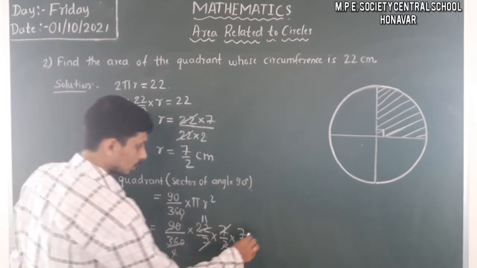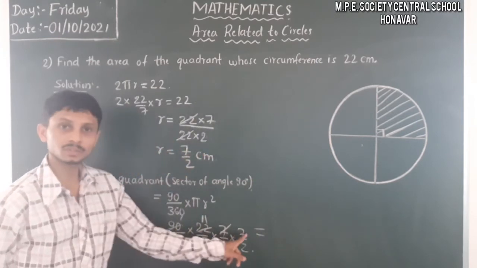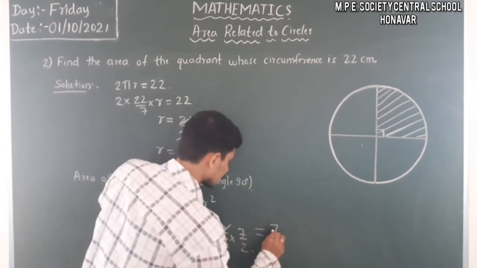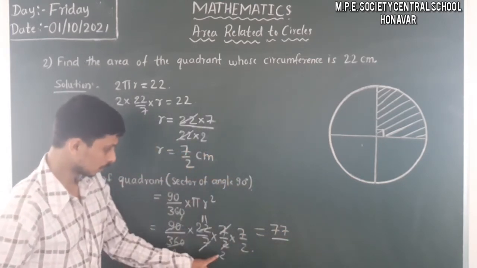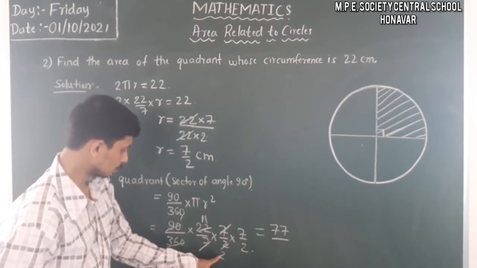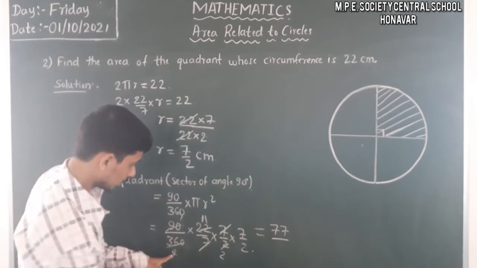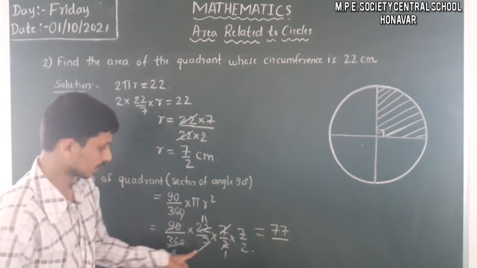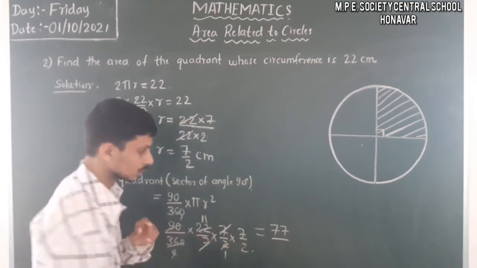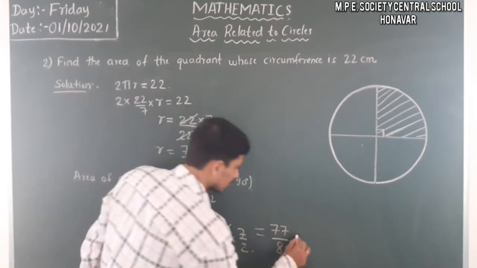Here just observe, in the numerator we have 11 into 7, it is 77, divided by 4 into 2, that is 8. This is 77 by 8 centimeter square.